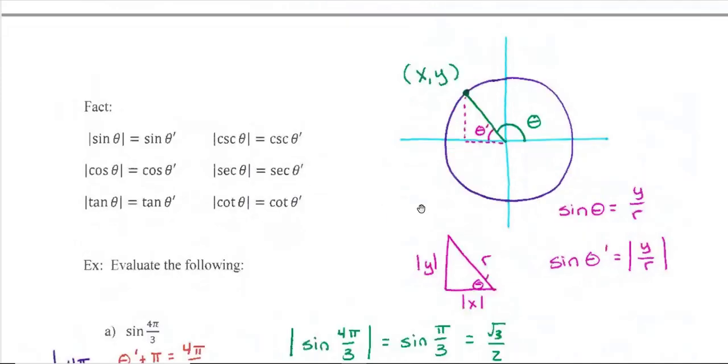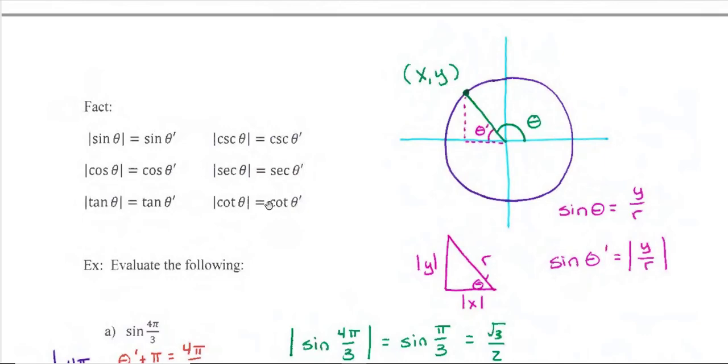But this is a triangle, and triangles have lengths, so the legs are positive. So you take the absolute value of those values, and r is always positive. Now, when you take the sine of theta prime, it's going to be the absolute value of y over r. That's where this comes from right here. You can turn them into little triangles.